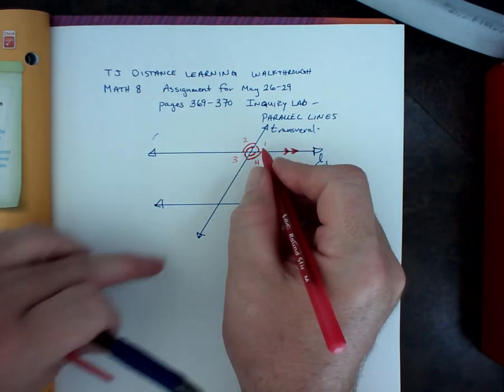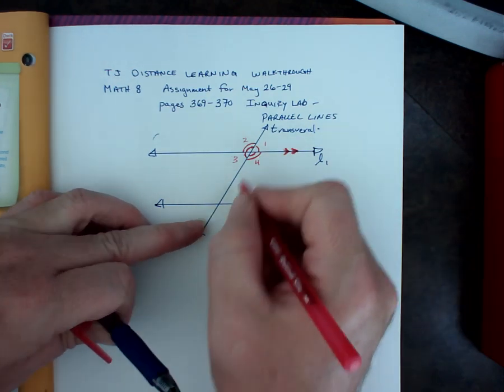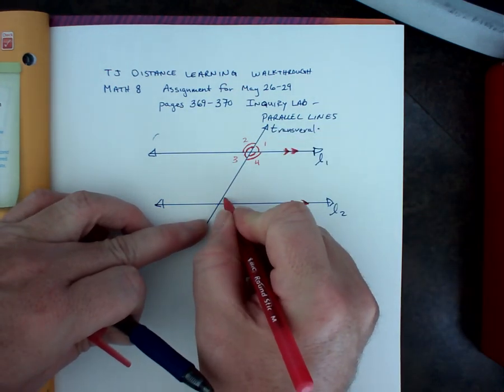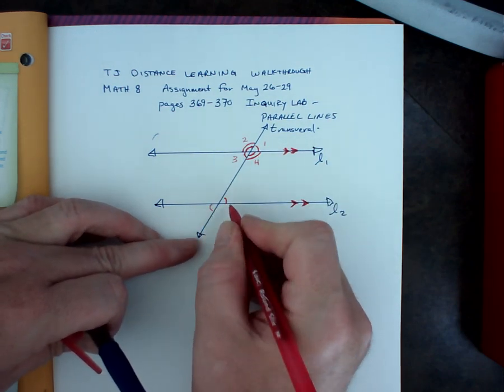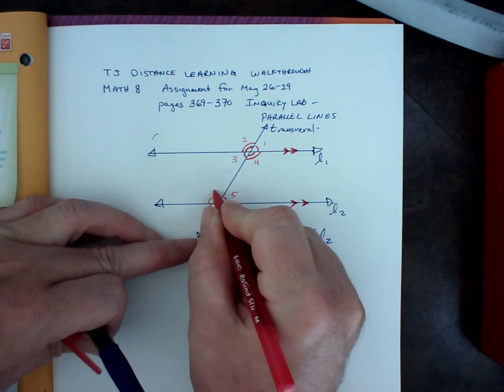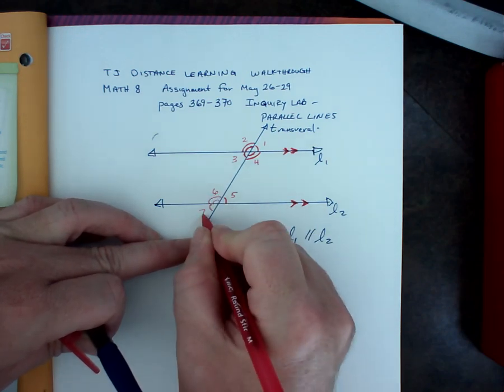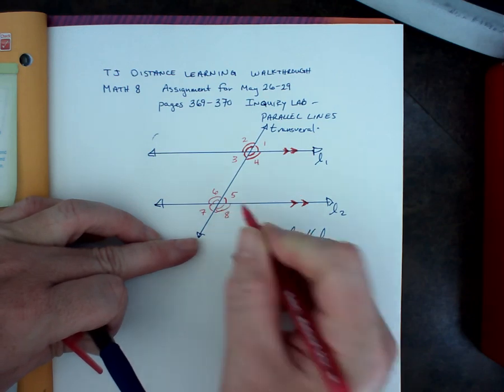We have a corresponding angle on the other parallel line. See, this line is going straight, creates an angle that's congruent to that one. The vertical angle is congruent, so we have angles 5, 6, 7, and 8.